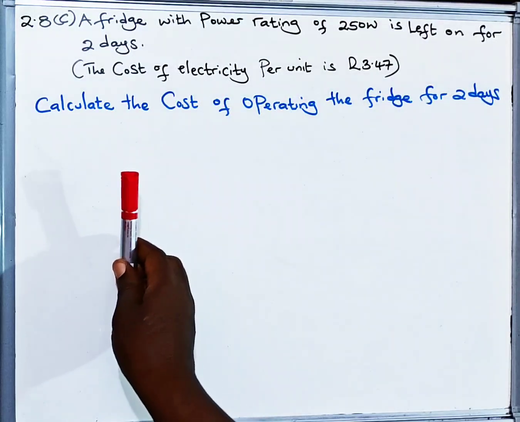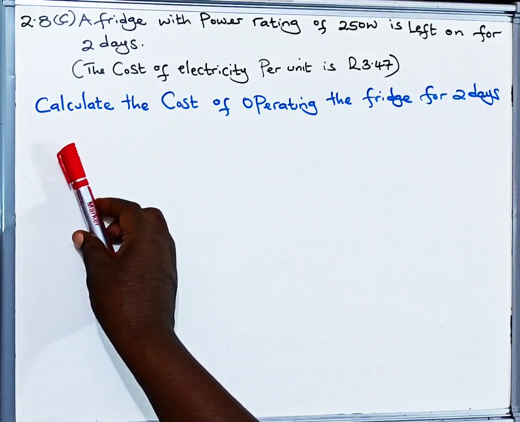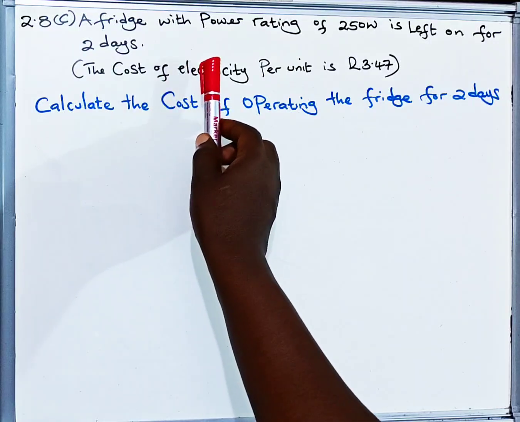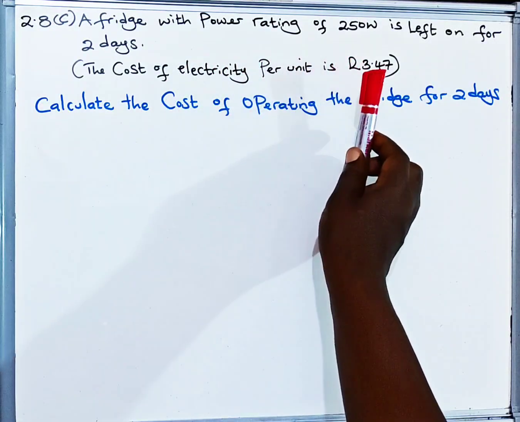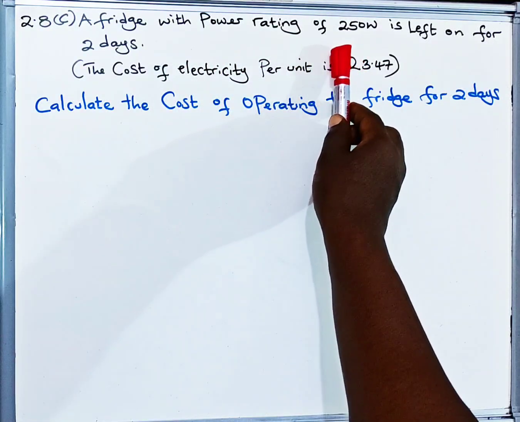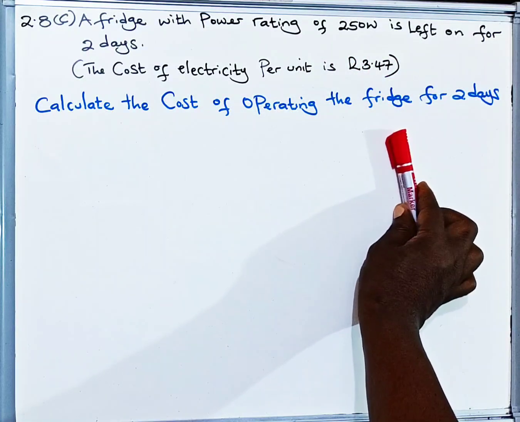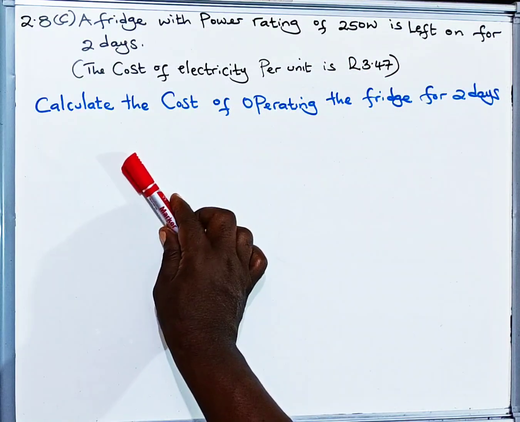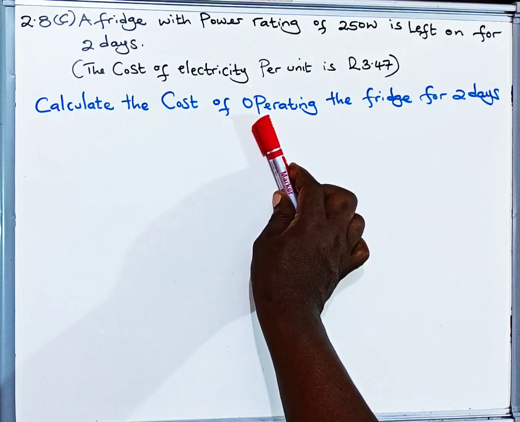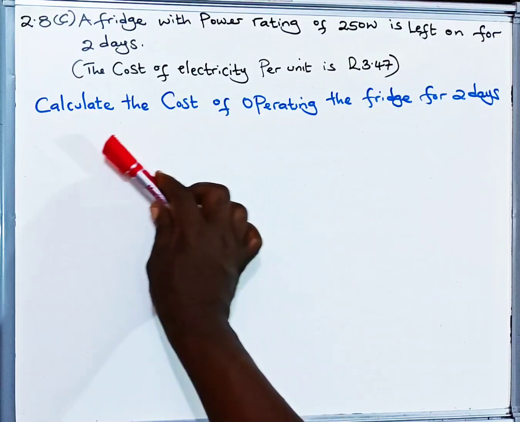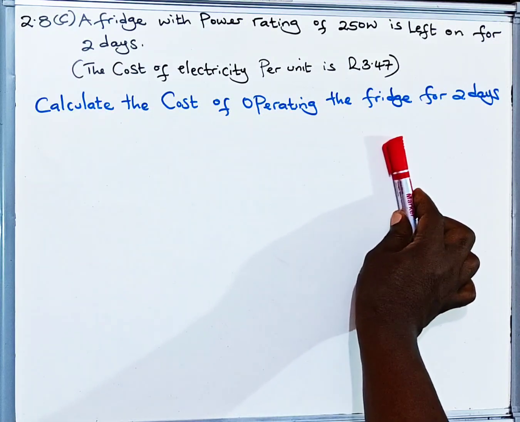Okay, then we come to this question. It says that a fridge with a power rating of 250 watts is left on for 2 days. The cost of electricity per unit is 3 rand 47. And they say calculate the cost of operating the fridge for 2 days.